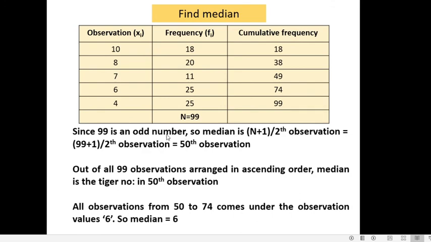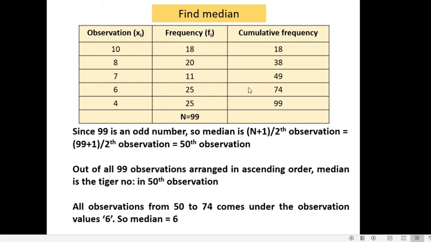Since 99 is an odd number, the middle value will be the (99 plus 1) by 2th observation, that is 100 by 2, the 50th observation, lying in the middle, with 49 observations on the left side and 49 observations on the right side. So the median will be the (n plus 1) by 2th observation. So the 50th observation is the median.